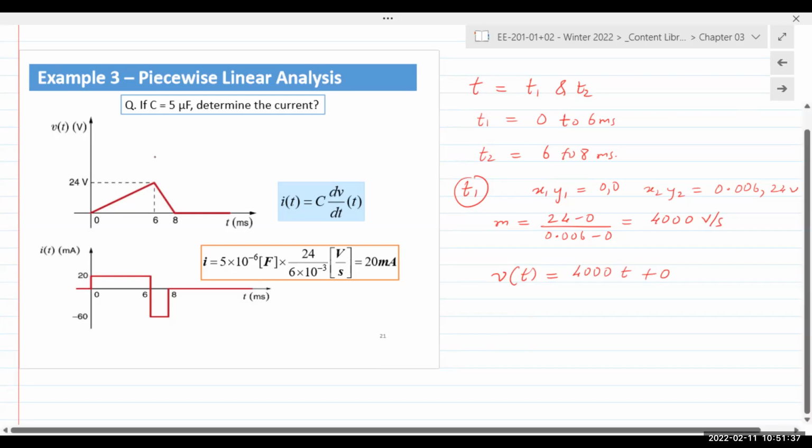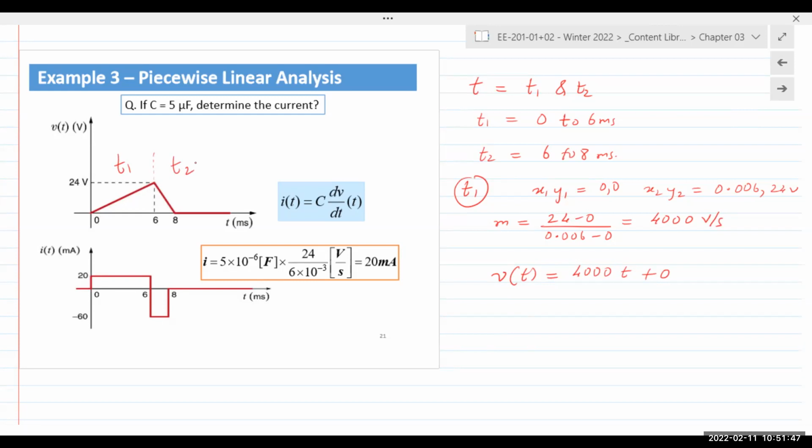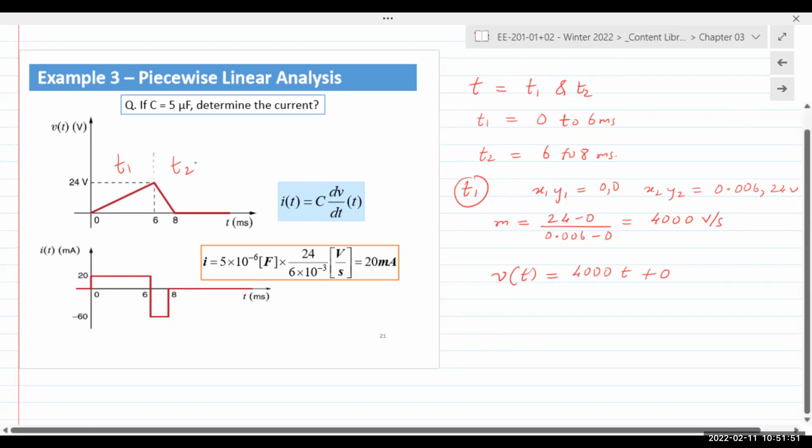So we break up this T1, this becomes T2. Once we break it up, we are able to write a mathematical expression. Once we have a mathematical expression, we can use our standard equations, I is equal to C dV over dt, and simply solve for the current.